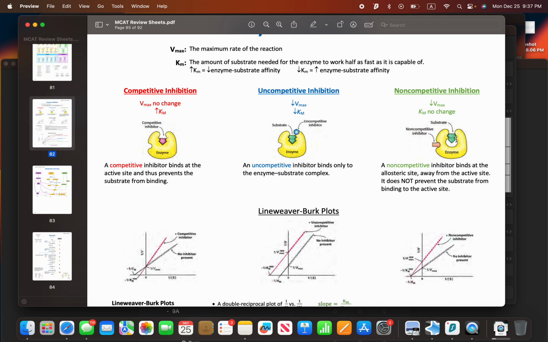It's now a circular active site, and that means that this conformational change, we expect it to actually have an effect on the Km or Vmax or both. Now let's figure that out.